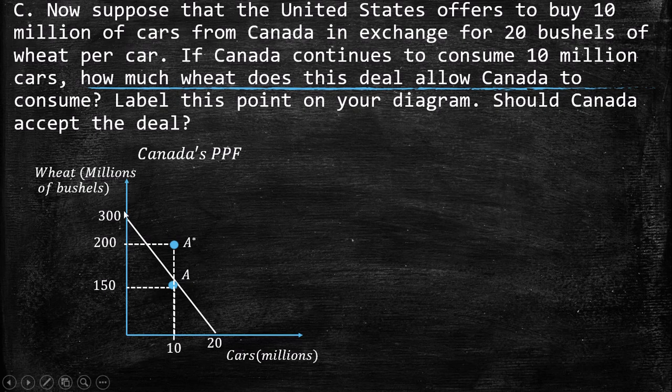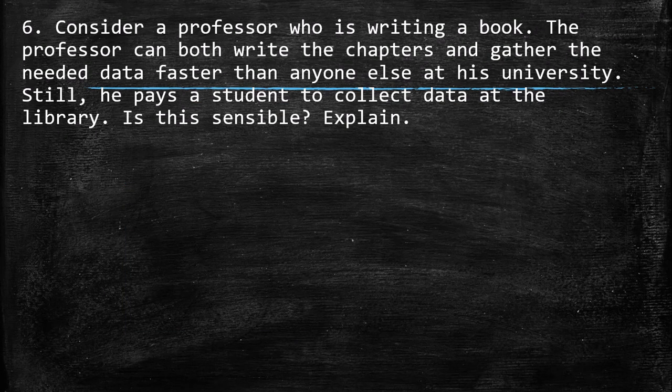So we see how Canada is better off. In this sense, Canada should accept the deal because the position is better with trade. So they should accept.